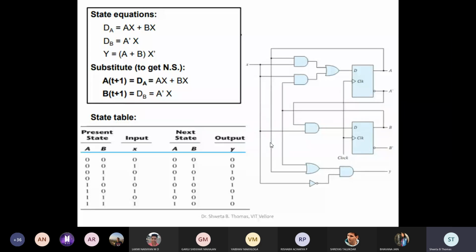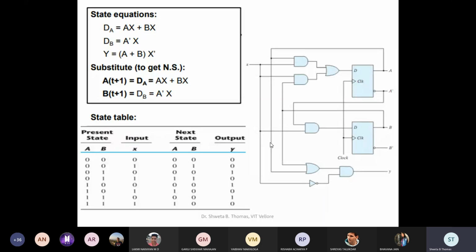Now you need to find the next state of the flip-flop, that is A(t+1) and B(t+1). A(t+1) will be DA, AX plus BX, and B(t+1) will be equal to DB, because for the D flip-flop, whatever input you are feeding, you are getting the same as output.